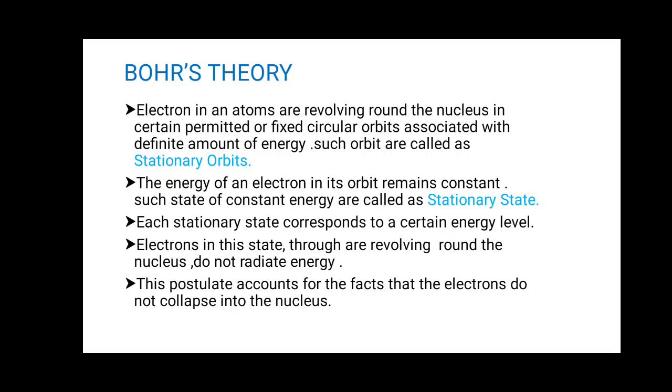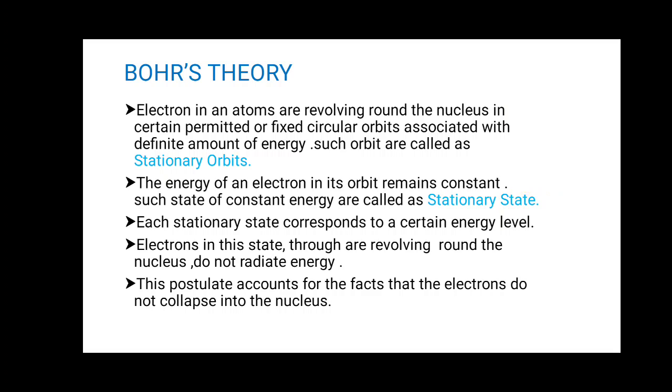They are revolving in a fixed or certain permitted orbit with a definite amount of energy, and such an orbit is called a stationary orbit. Got it? Then the energy of an electron in its orbit remains constant. Such a state of constant energy is also called a stationary state.